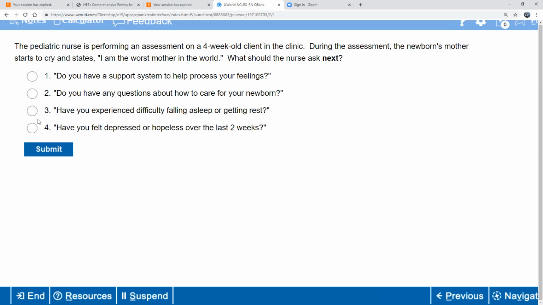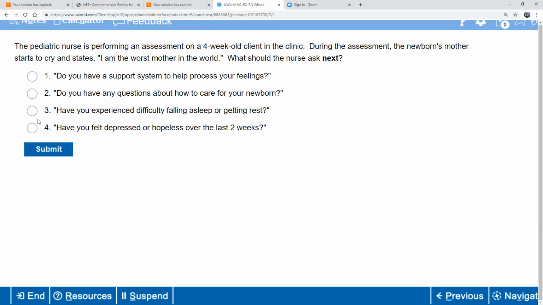Do you have a support system to help process your feelings? Do you have any questions about how to care for your newborn? Have you experienced difficulty falling asleep or getting rest?